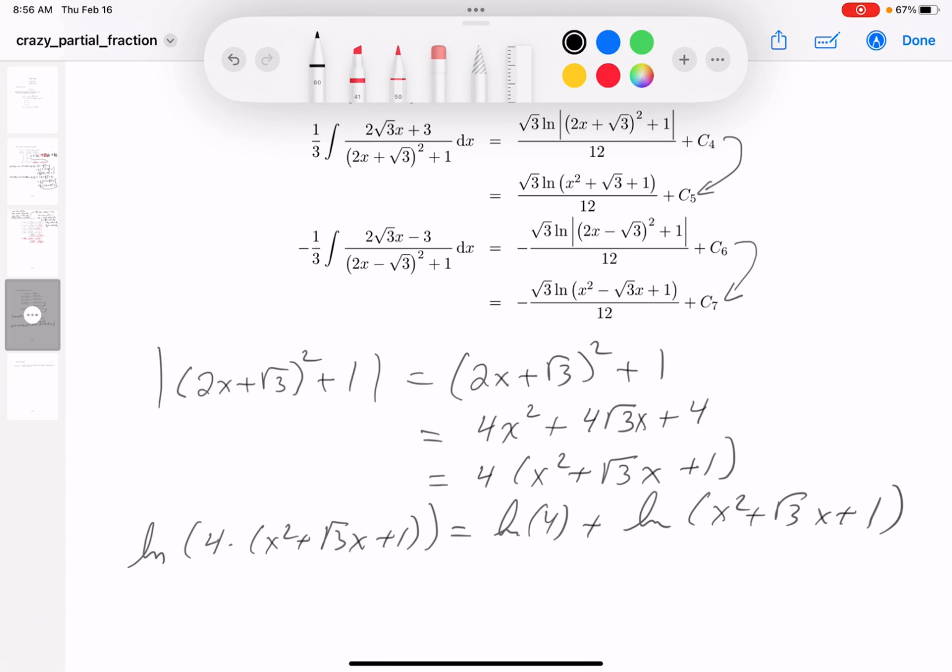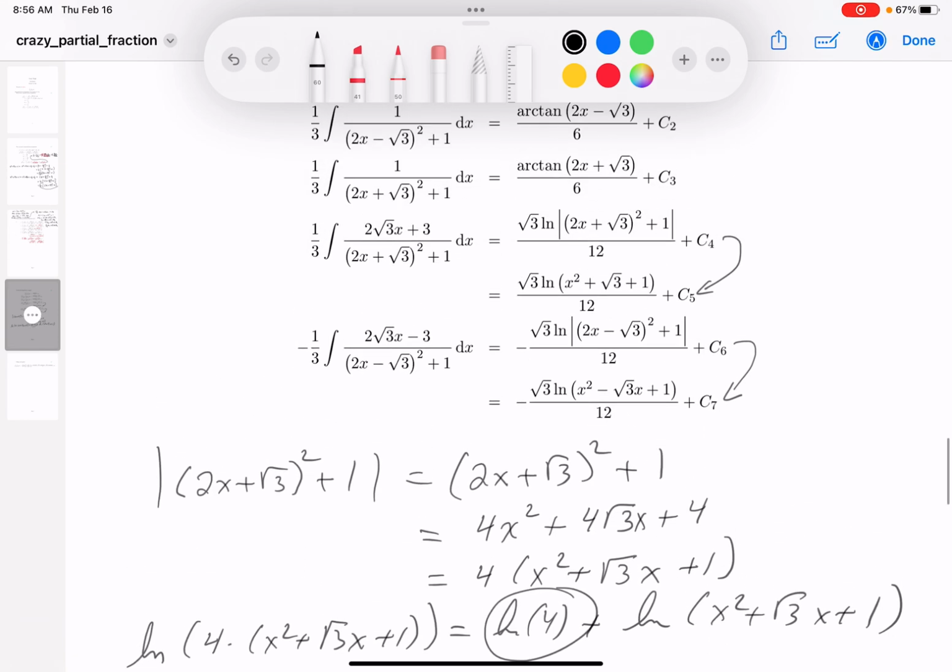And what I do is I take this constant and I just integrate that constant into another constant. I'll call it C5. So what are you left with? Well, you're still left with the root 3 over 12, but now I get a much simpler log over here, and that's written right over here. Likewise, if you can do that one, you can do this one over here. It's almost identical in process, by the way. All right? We need to pull these all together. That's our next step, by the way.